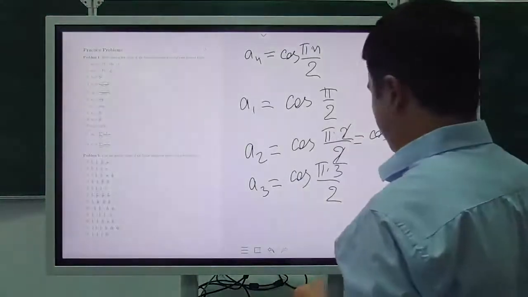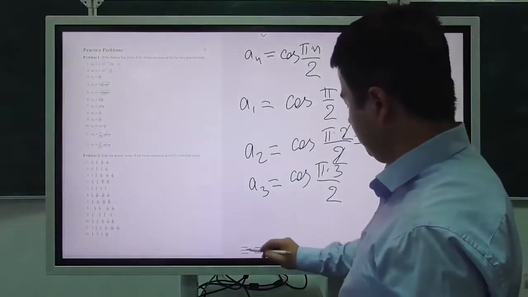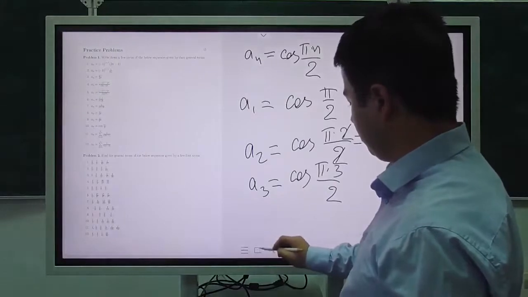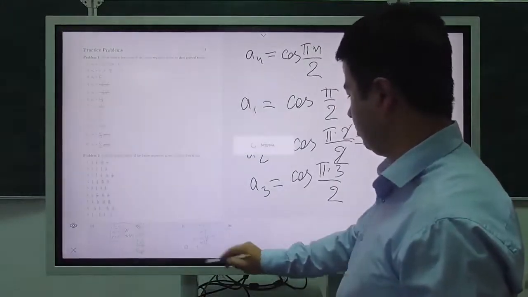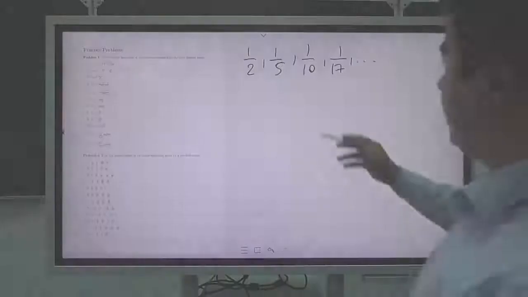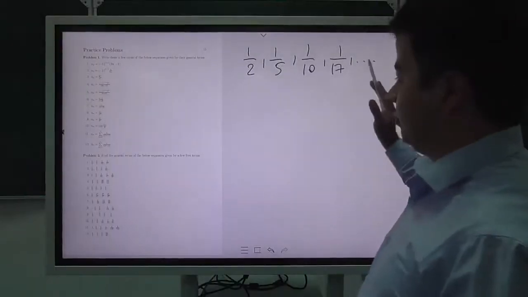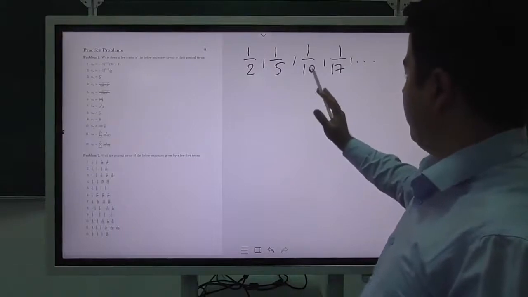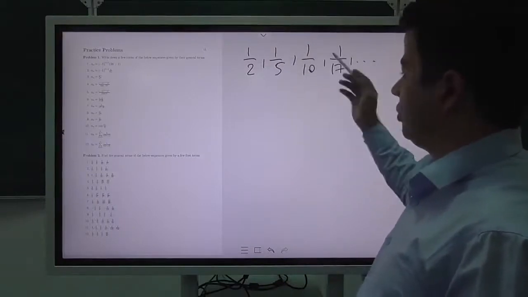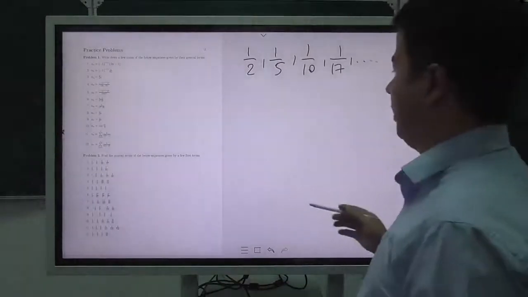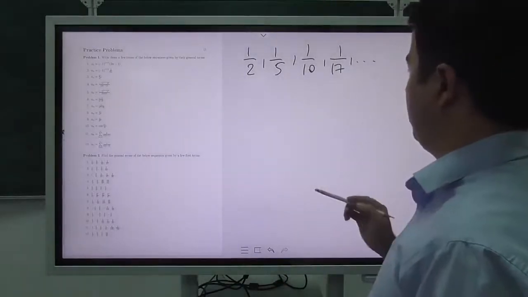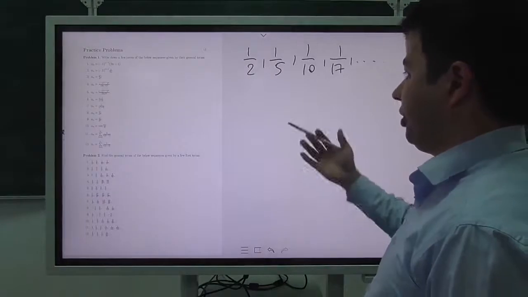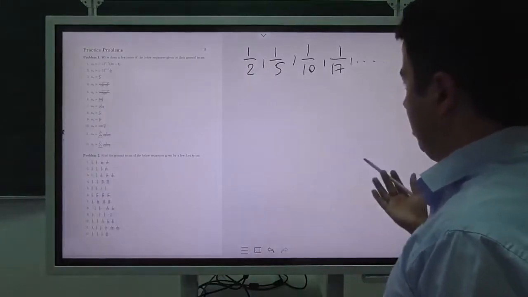Okay, let's continue. Given the following sequence, we need to find from these first few terms the general term of the sequence with n.